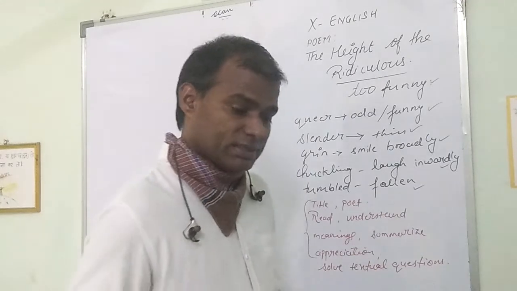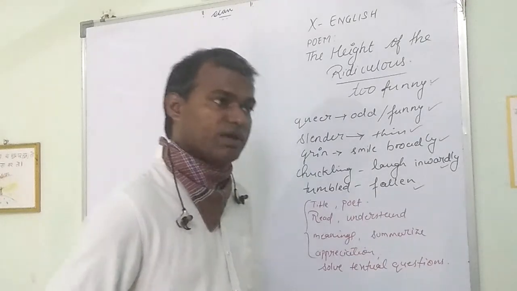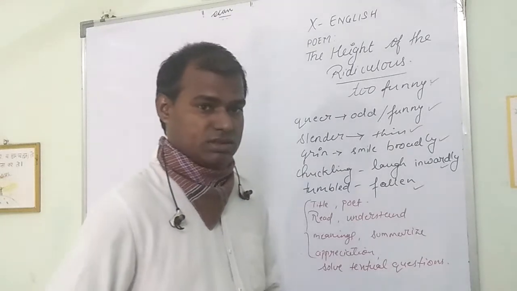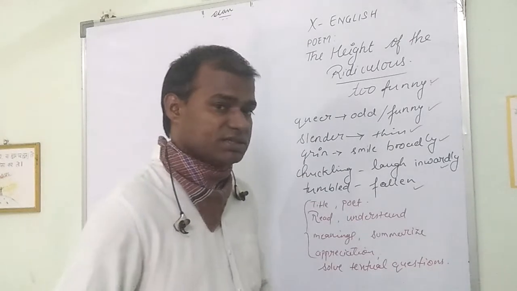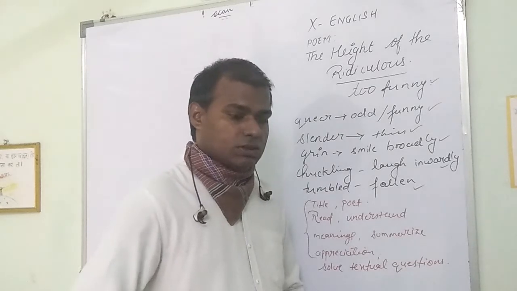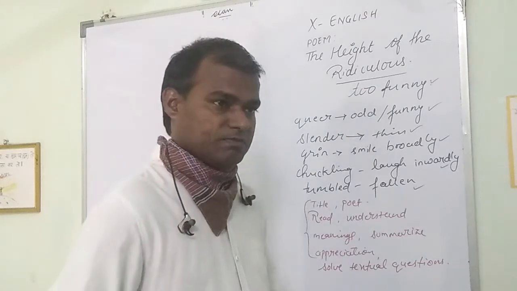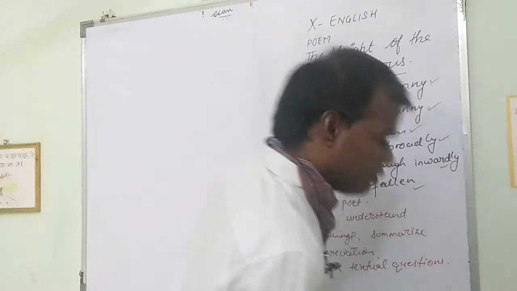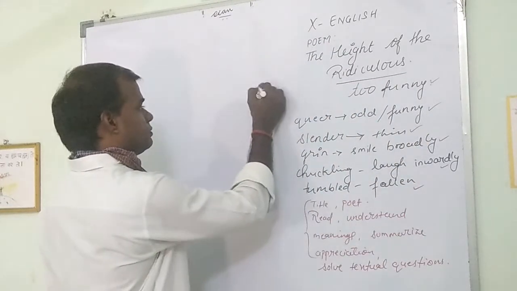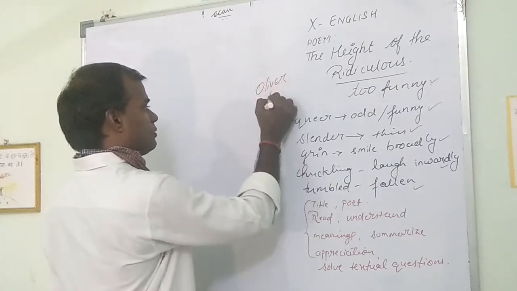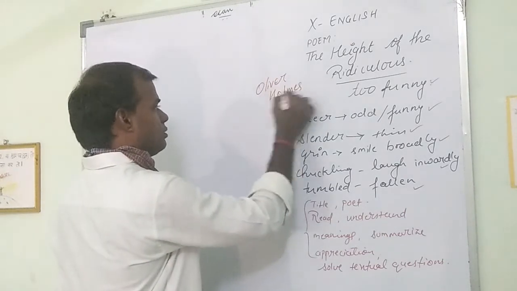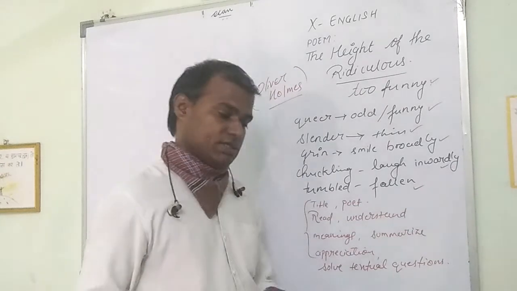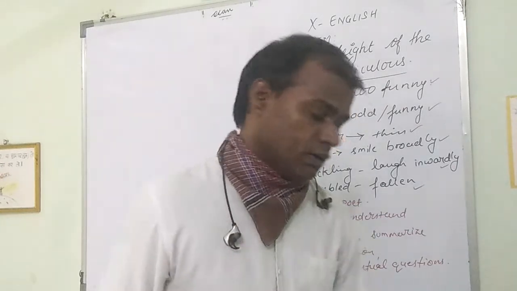While reading, he started smiling. When he read the first line, he smiled because every line of the poem is humorous. This very great poet, Oliver Holmes, is a very funny and humorous comedian poet.